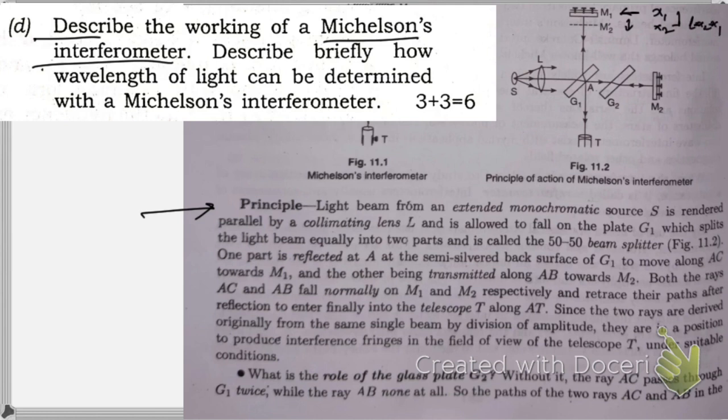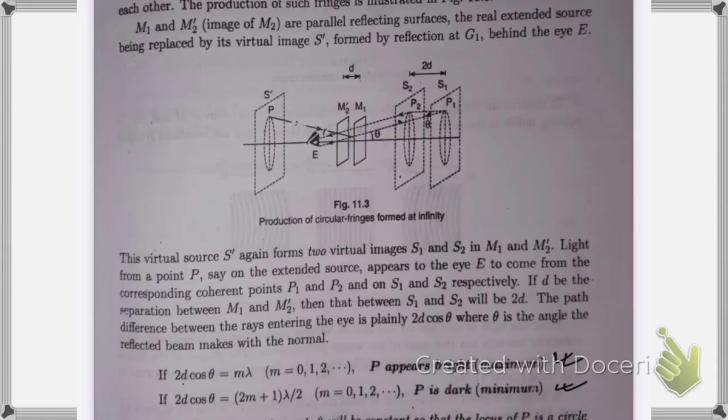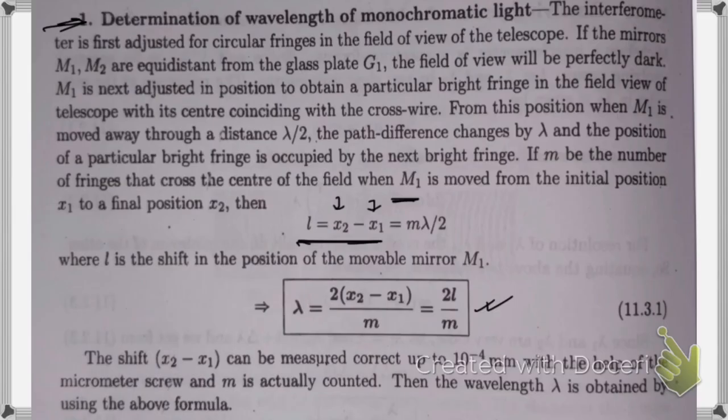In that case, the path difference that the light has to travel will be twice L, because this is the initial position of the mirror and this is the final position. The same distance is covered twice, so twice L. Hope you have understood.